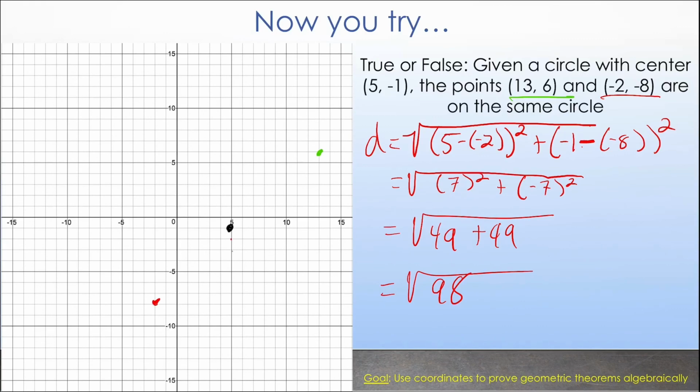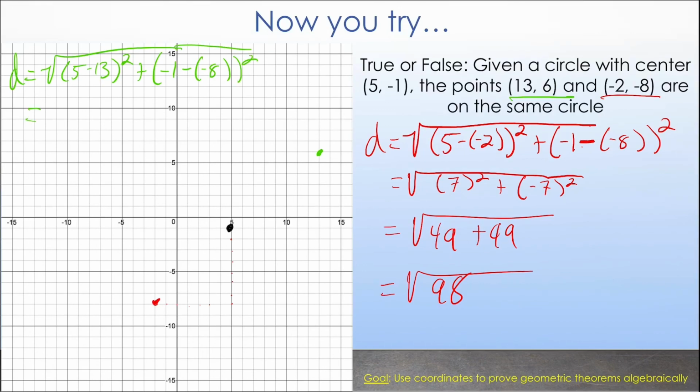Okay, does that make sense? 1, 2, 3, 4, 5, 6, 7. Okay, we're good. So square root of 98. Let's do the green one. The distance equals the square root of 5 minus 13 squared plus negative 1 minus a negative 8 squared.